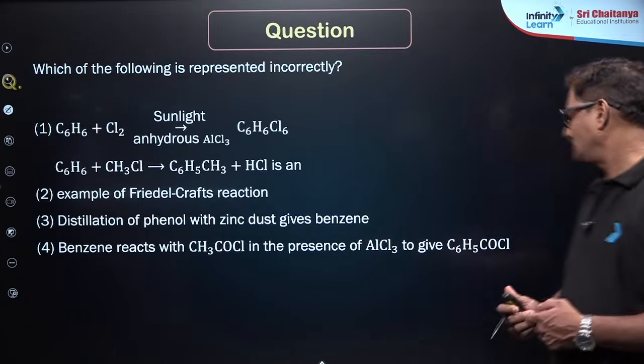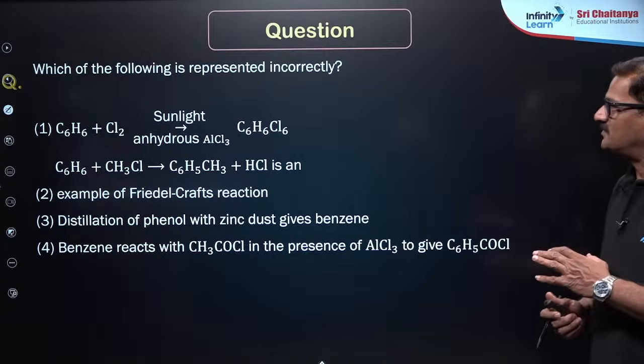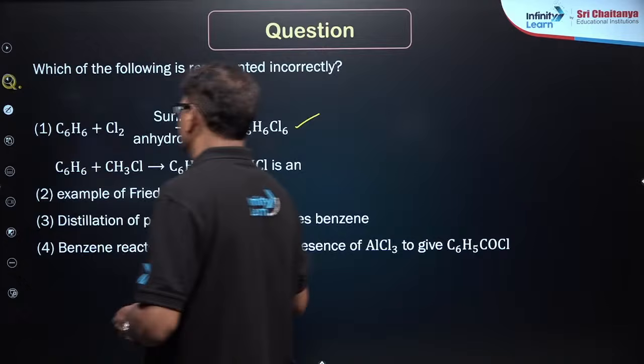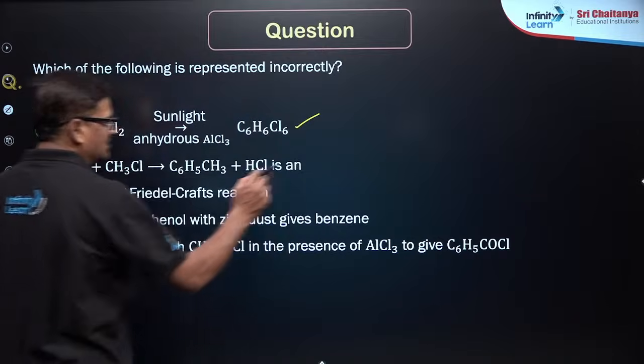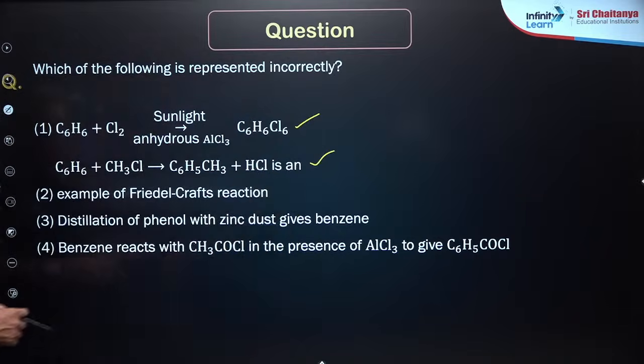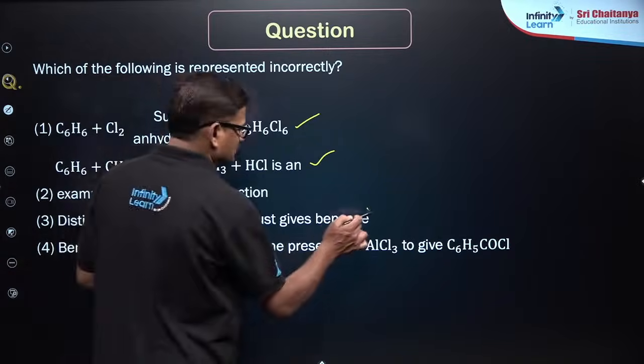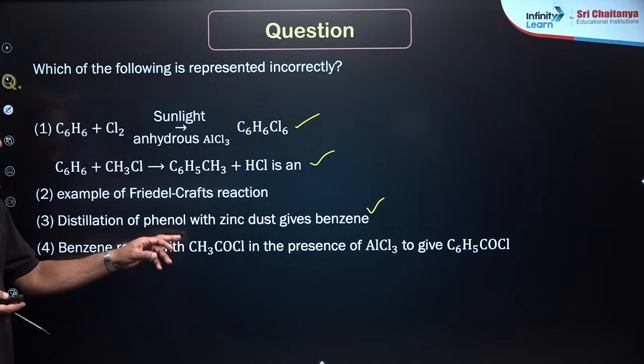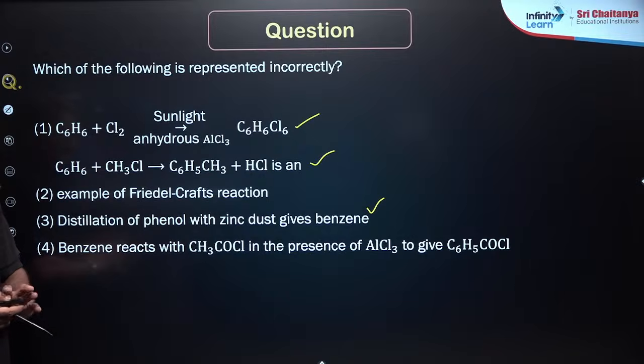that's good. Now the question is which of the following is represented incorrectly? Correct, correct, is an example of Friedel-Crafts reaction. Correct. Distillation of phenol with zinc gives rise to benzene. Correct. Benzene reacts with acetyl chloride in the presence of AlCl3 gives C6H5COCl.